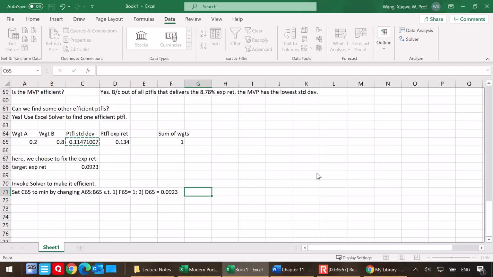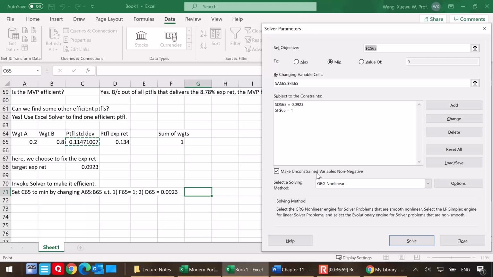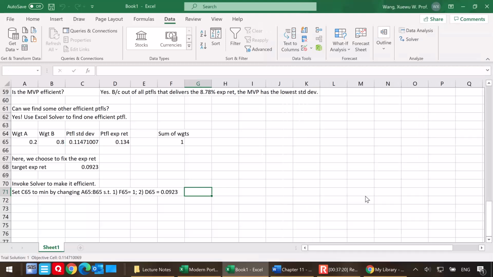So let's get back to our Solver parameters. We are trying to minimize the portfolio standard deviation subject to the constraint that the weights add up to 1 and the expected return is as specified. And our changing variables are the weights. We are portfolio managers, so click solve. And you see that Solver says it found a solution.